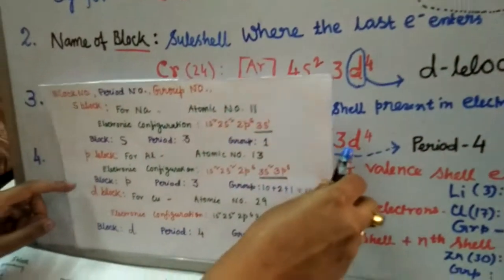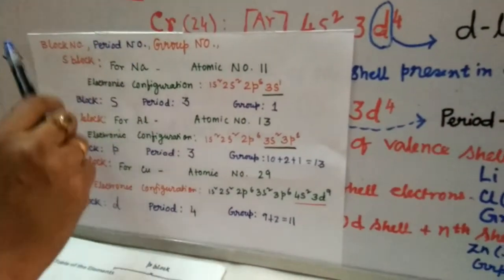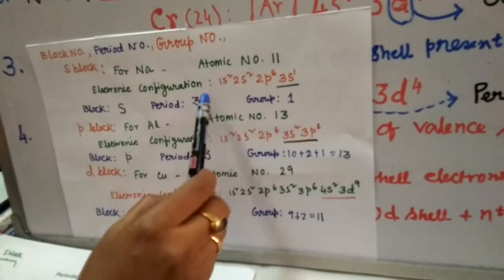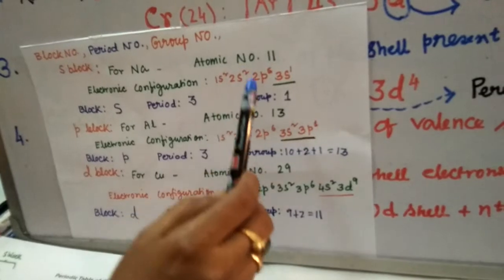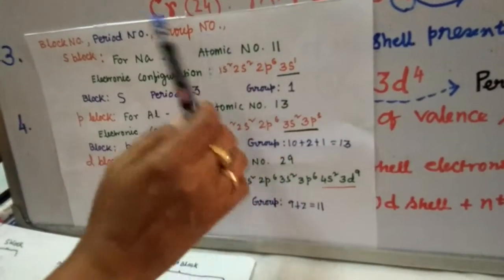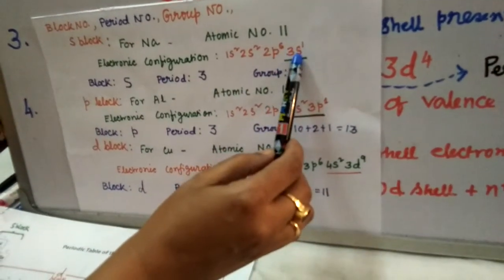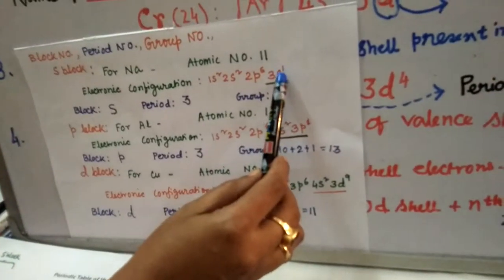We'll go for some other examples as well. Like sodium. Sodium has atomic number 11 and its electronic configuration is 1s2, 2s2, 2p6 and 3s1. So how will we determine the block, period and group number for sodium? Here you can see the last electron has entered the s orbital.